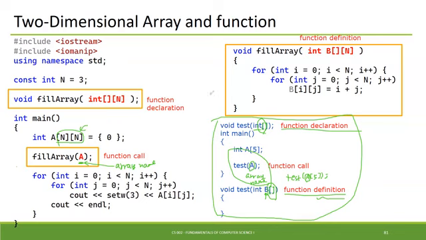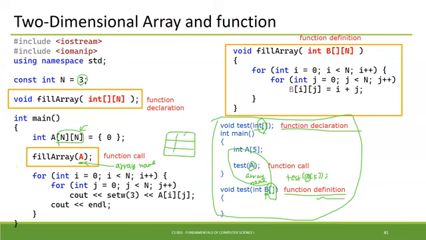Okay, guys, look at this one. This is the function call, and this is grammar. My two-dimensional array size is 3 by 3, so the computer will create this array: 3 rows, 3 columns.